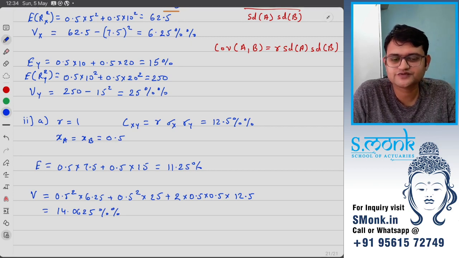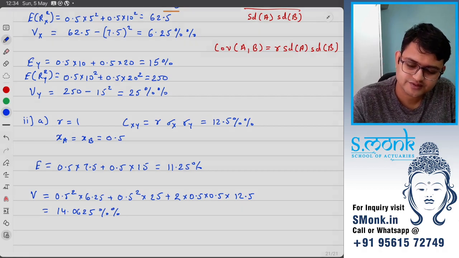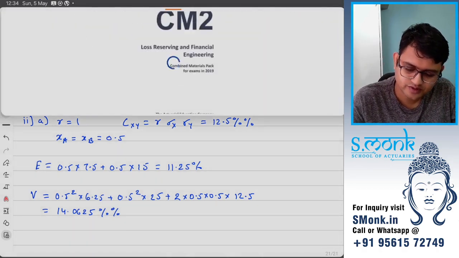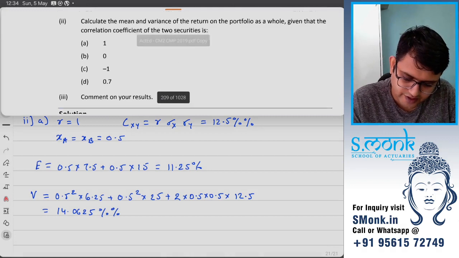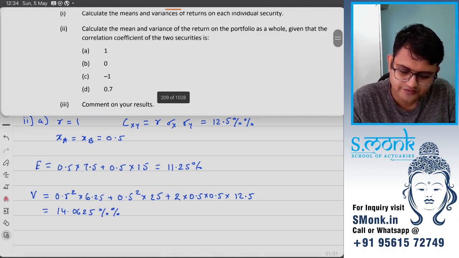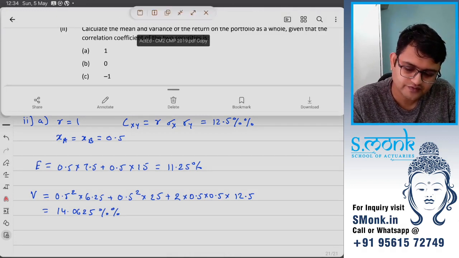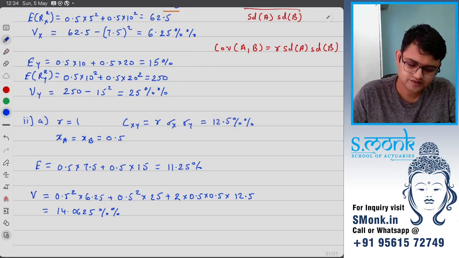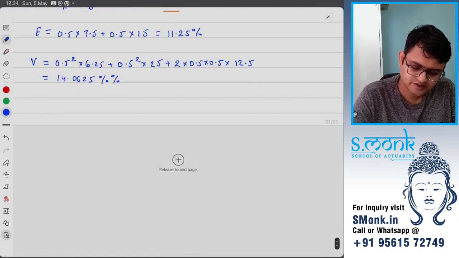So in the first case, we are getting that the expected returns is going to be 11.25% and the variance is going to be 14.0625 percent. Did they talk about variance or standard deviation? No, they said variance. So we have to calculate the variance.